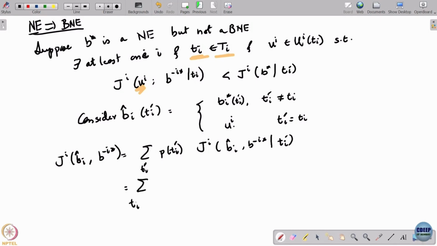This is Ti dash not equal to that special Ti, in which case you are just playing the same as doing B star. And when it is equal to, you do P of Ti and you take that special action Ui.